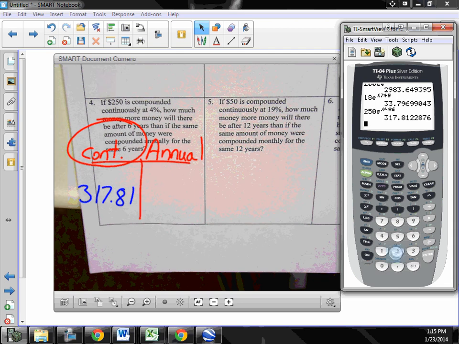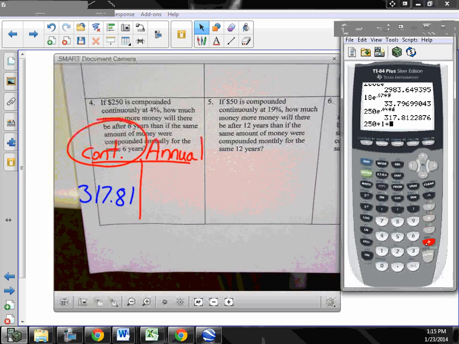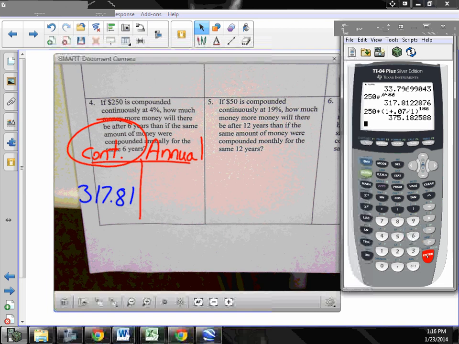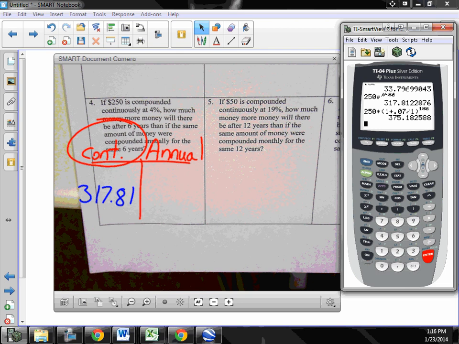So 250 times (1 plus 0.07 divided by 1) raised to the 1 times 6. Oh, what did I mess up? Oh, 0.04. Sorry. The interest rate is not 7%, it's 4%.